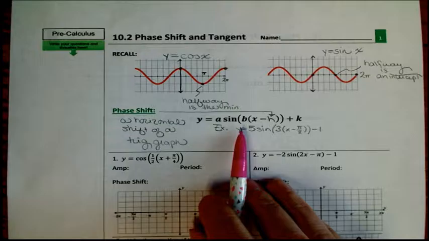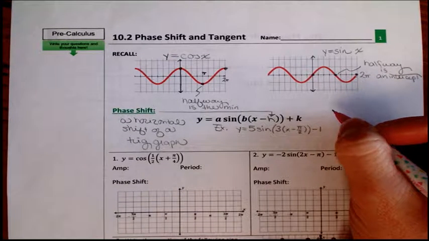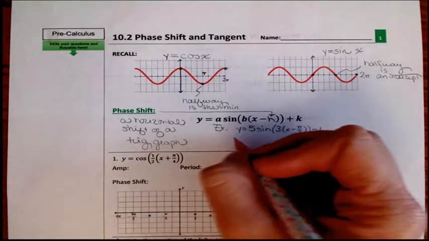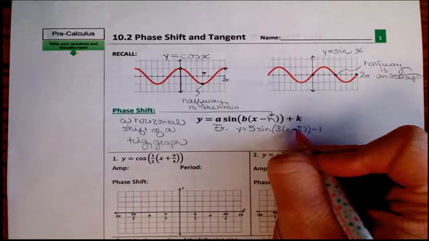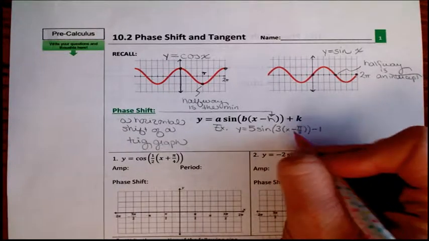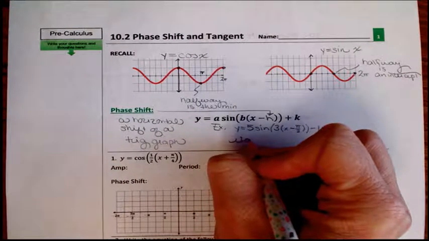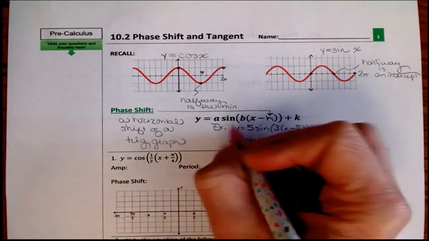All right, so what would be our phase shift for this function? Well, we would be moving pi over 2, and we'll go opposite of what the sign says. This says negative movement, but we are going to move positively, so that will be right pi over 2.